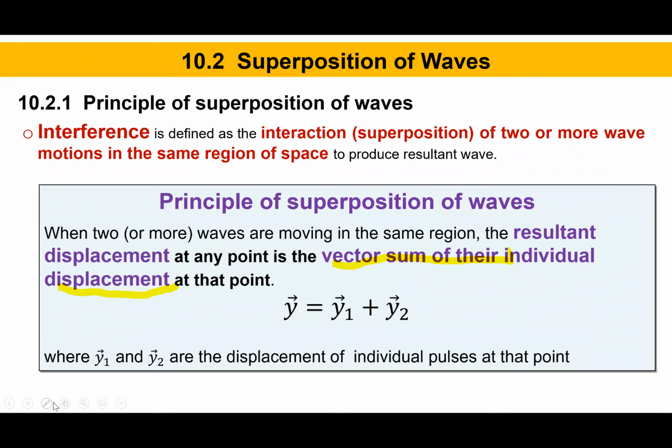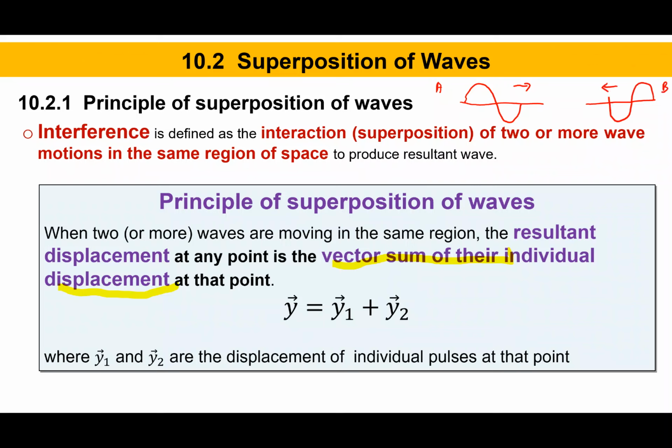Okay, so contohlah I ada wave. Contohlah ni adalah wave A, and then it travels to the right, and then I got another wave, travel to the left.